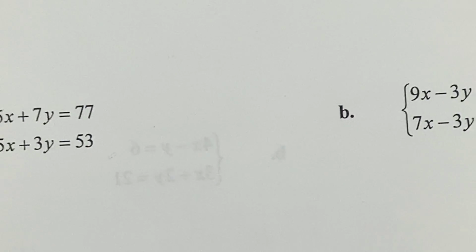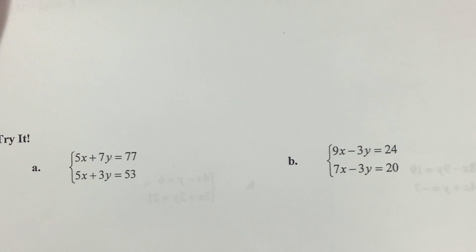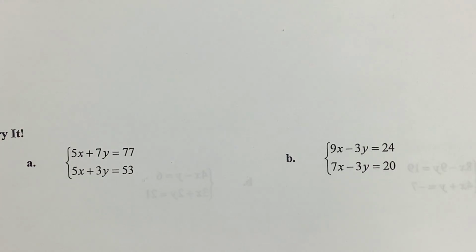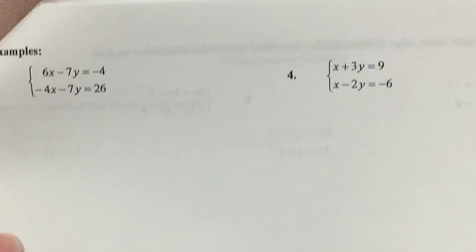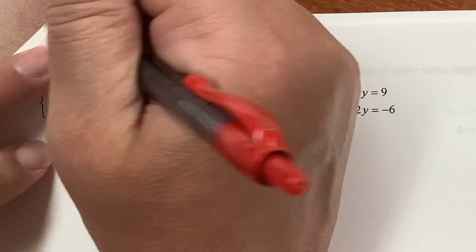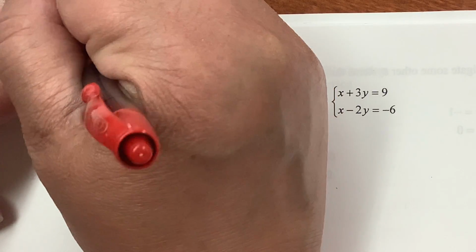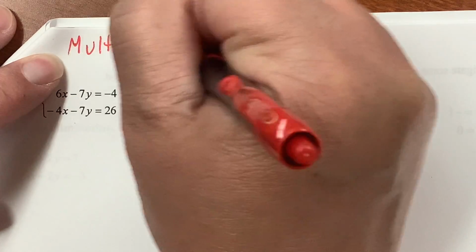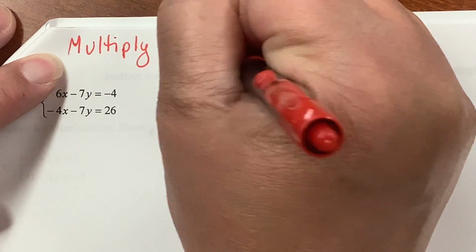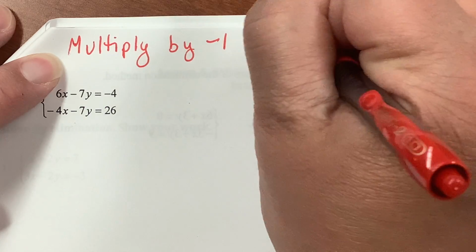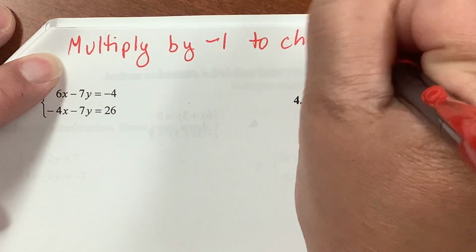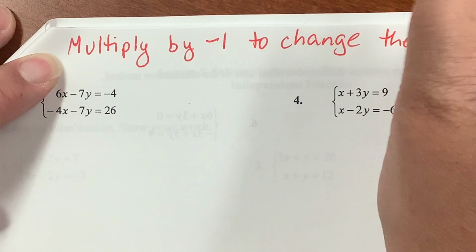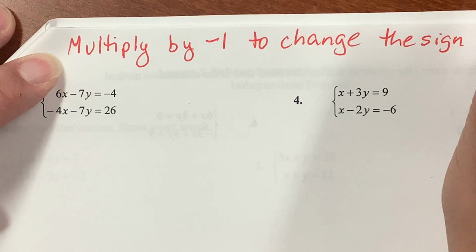All right, on the next side, we need a little note up on the top, and I'm gonna write it in red so that you don't forget it. Here we go, all the way up on the top. Multiply by -1 to change the sign of a number.